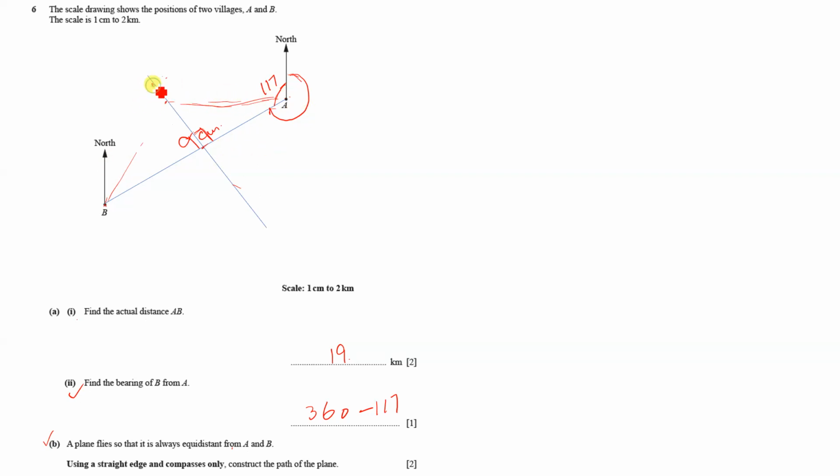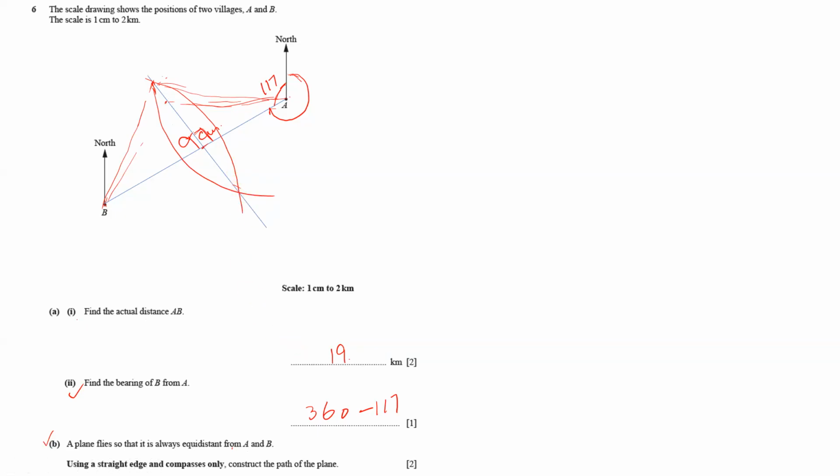Similarly, if you have a point here, distance from B and distance from A is the same. So this is the perpendicular bisector of AB. And you need to draw two arcs as I showed earlier, so that you can draw the perpendicular bisector.